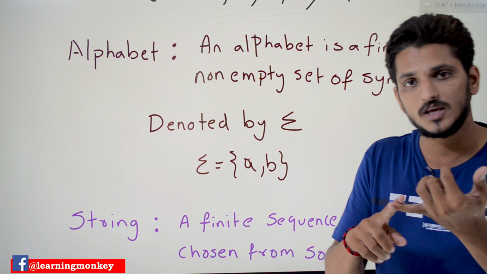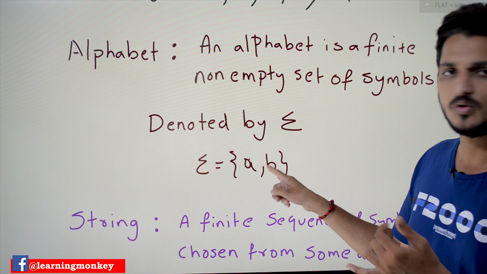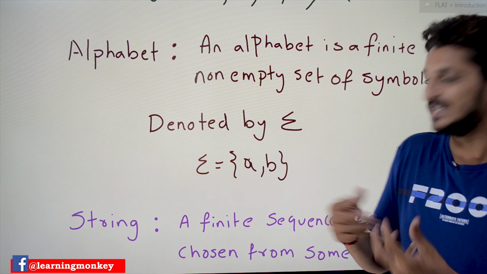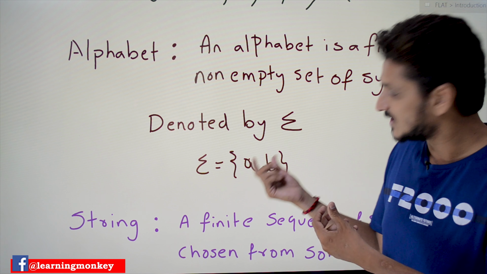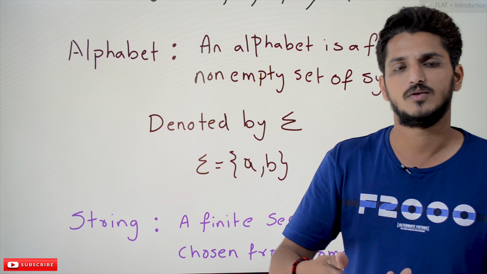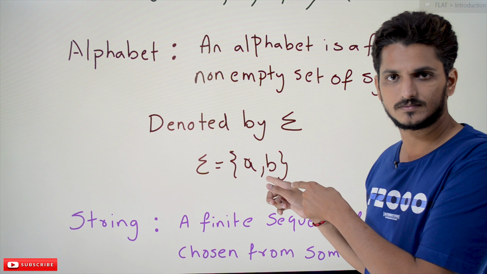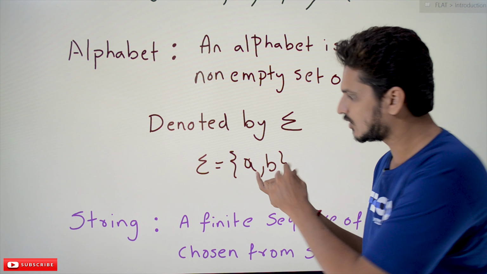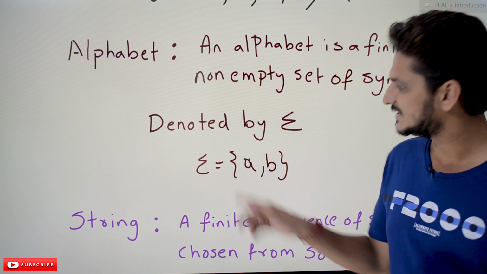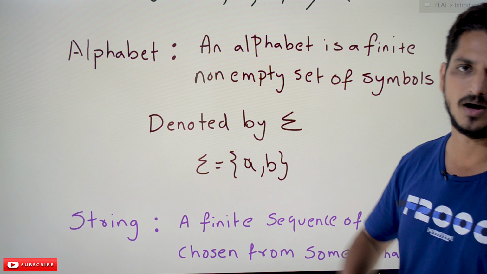Our input is taken using the symbols of sigma. Sigma equal to {a, b} means these are the symbols used by our finite automata. We are constructing finite automata on these symbols. The set of symbols we call the alphabet, denoted by the notation sigma.